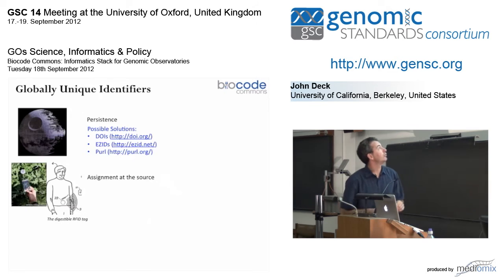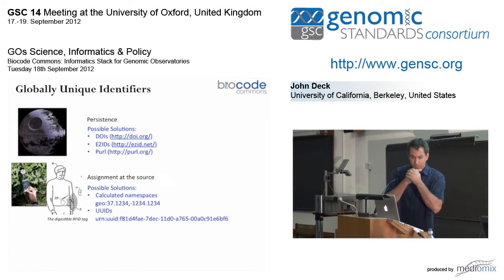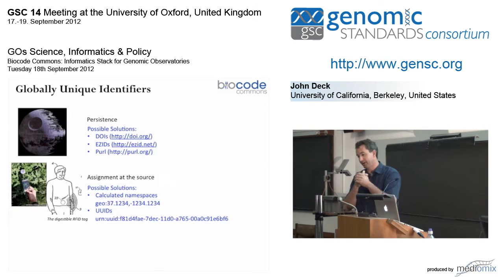Assigning identifiers at the source is a very big challenge. I think the closer you can assign an identifier to the actual point of collection or adoption or whatever you're doing, the better off you are. Oftentimes, the challenge is that a globally unique, persistent identifier gets assigned farther down the value chain.